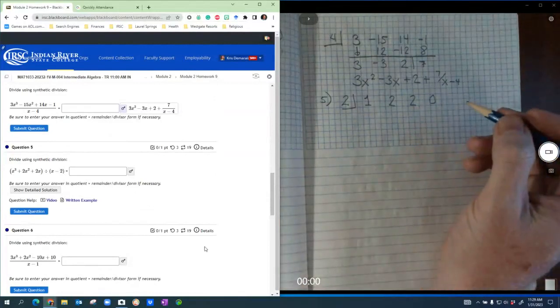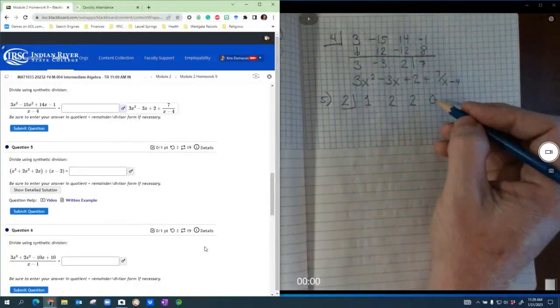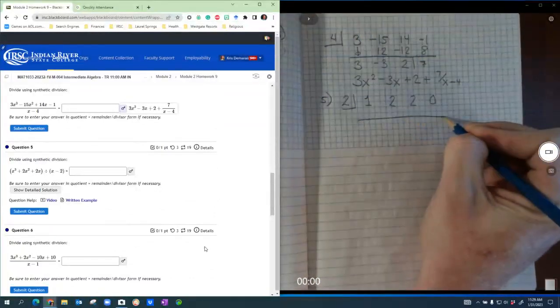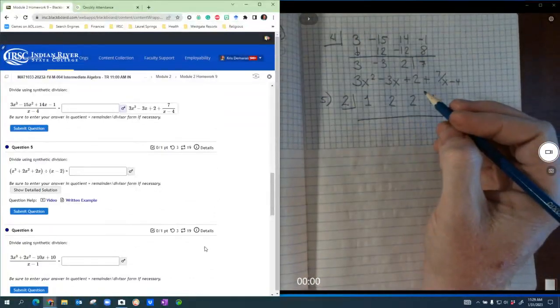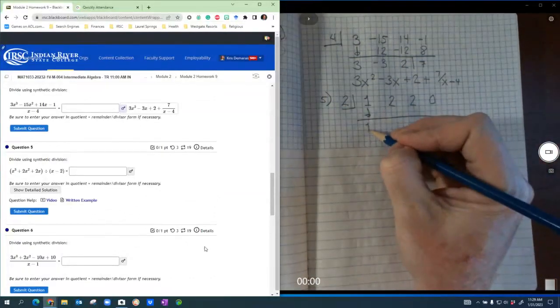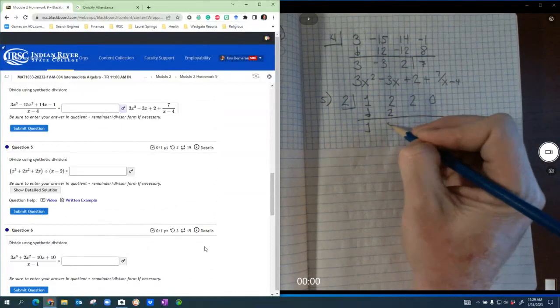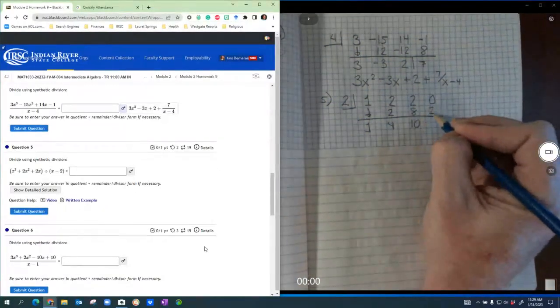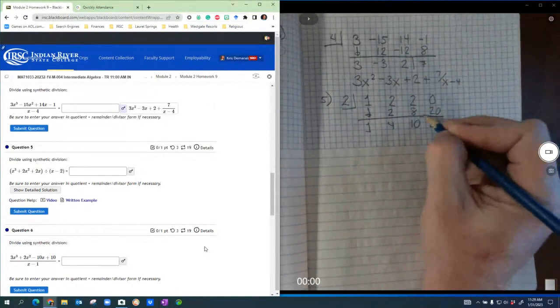I don't have x to the 0 power, right? So that's why I'm putting in a 0 here. Now, that's a placeholder. Okay? So now I'm going to drop the 1, multiply, add, multiply, add, multiply, add, and I'm done.